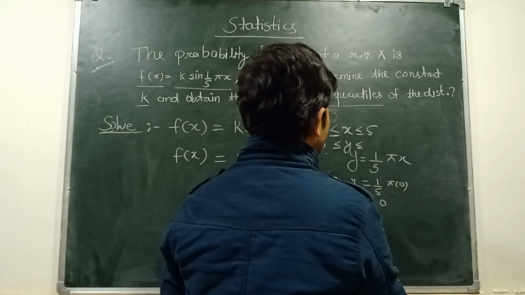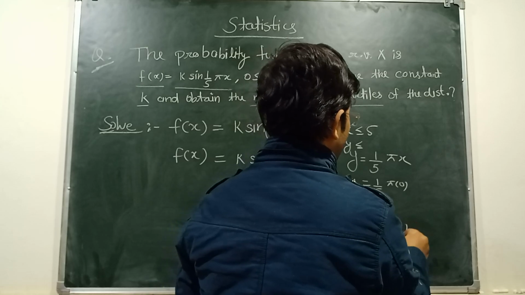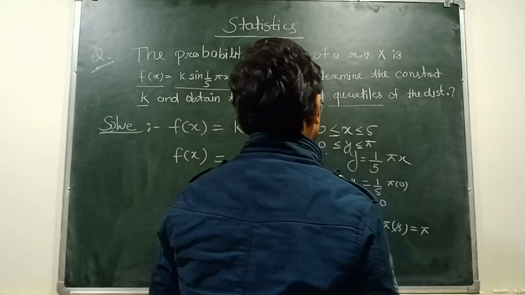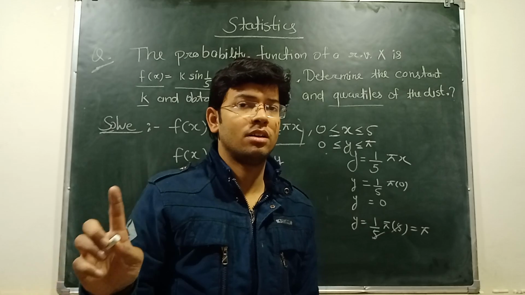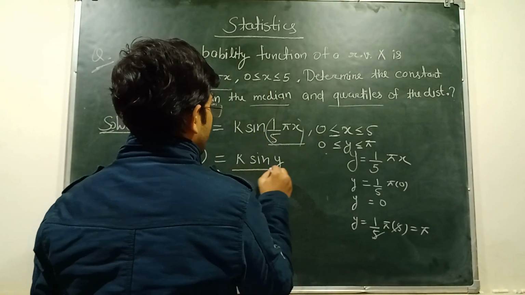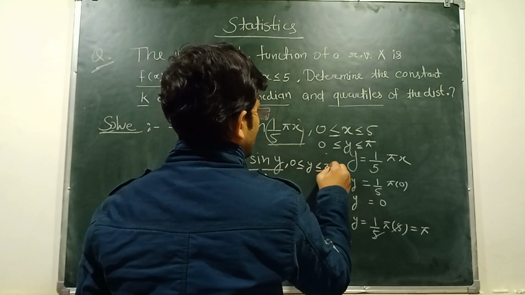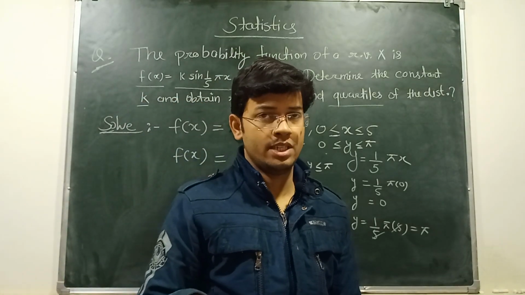Now the second limit: 1/5 π times 5, so the second limit is π. So 0 to π is the limit of y. Now we can write 0 to π. So this is the new function of our question.